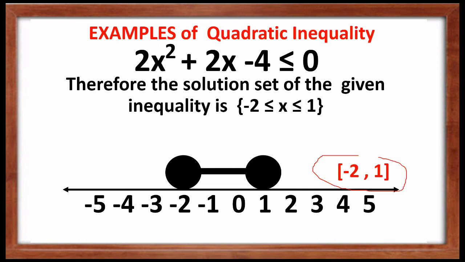This one, we have -2 up to +1. And that belongs to close interval. Bakit? Kasi pag sinabing close, meaning ang -2 ay included as solution. And +1 is also included for the solution of the given quadratic inequality.